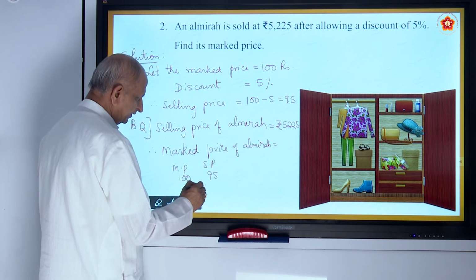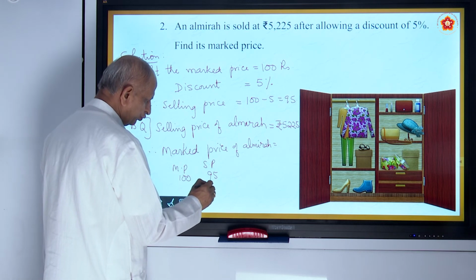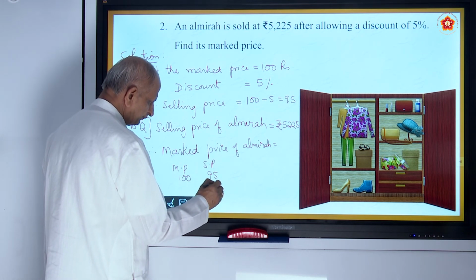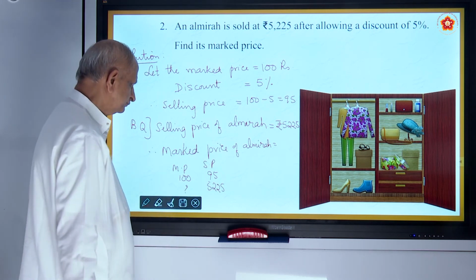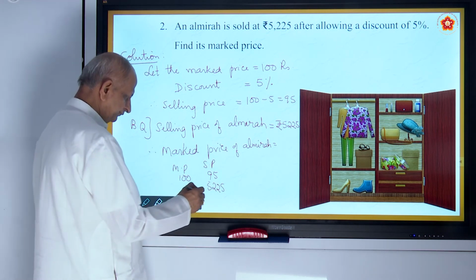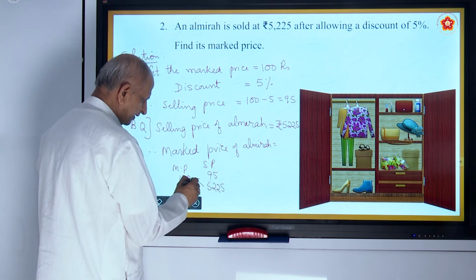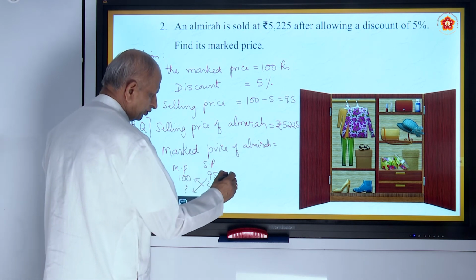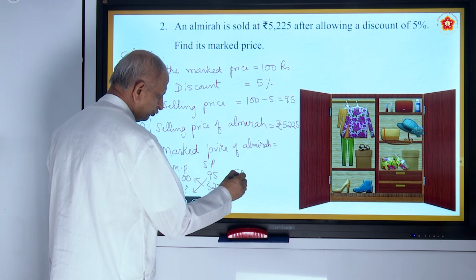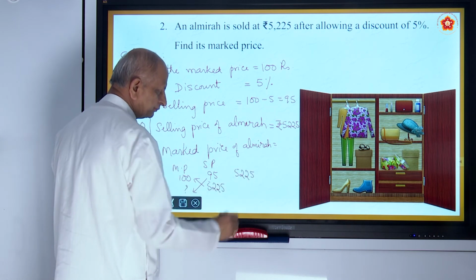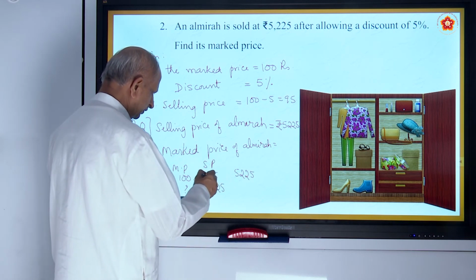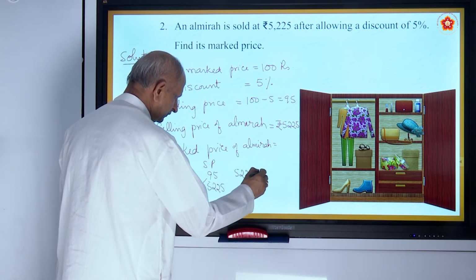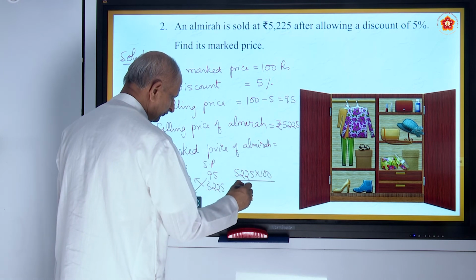If selling price is 5225, what is the market price? That will be cross multiply. So 5225 into 100 by 95.